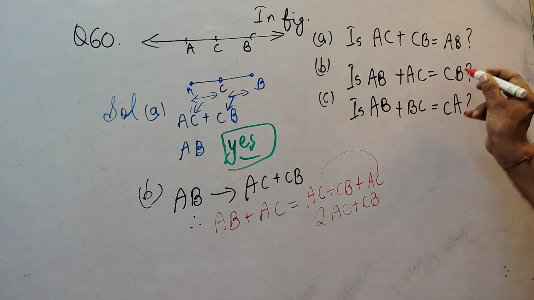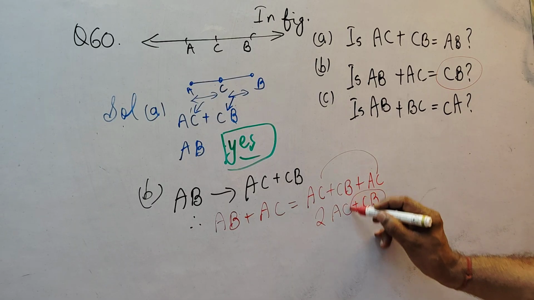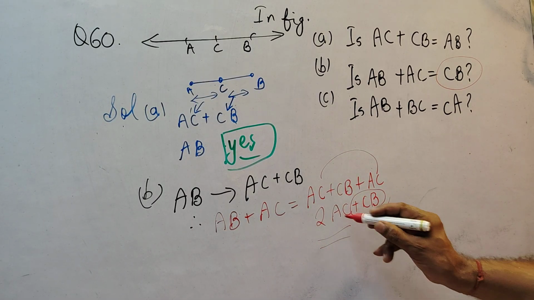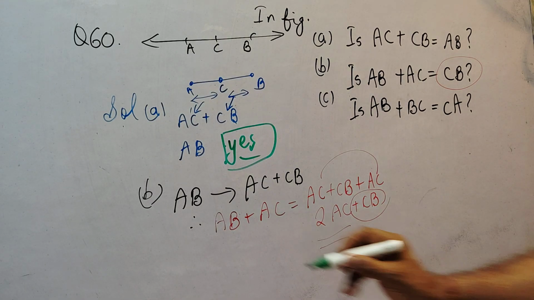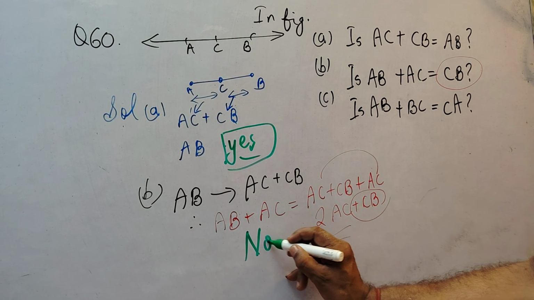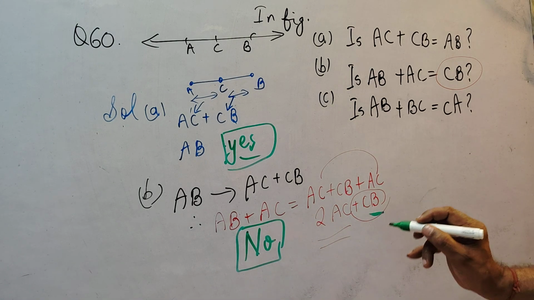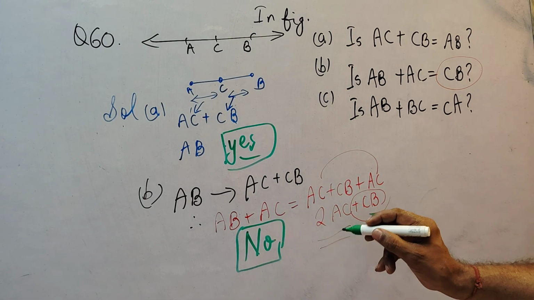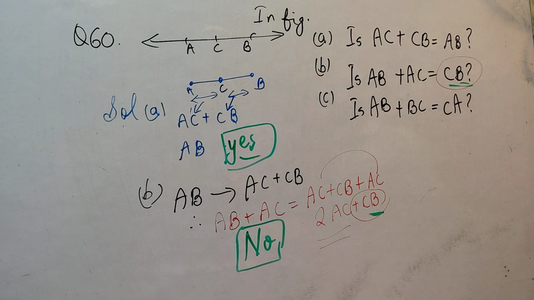The question says it is equal to CB or BC. But twice AC is also added, so this one is false. The answer is no, because with CB, the other part AC is missing here. So that's why it is false.